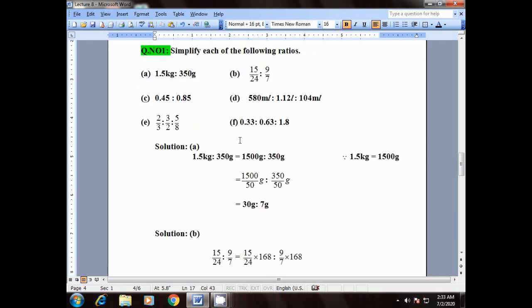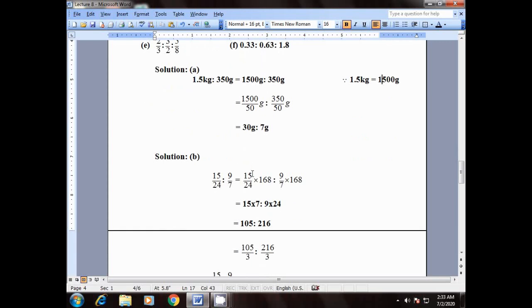Let's solve the second part of the question. 15 divided by 24 ratio 9 divided by 7. Now first of all, we will remove the denominator from these two quantities. For this, we will multiply the denominators, 24 times 7, 168.